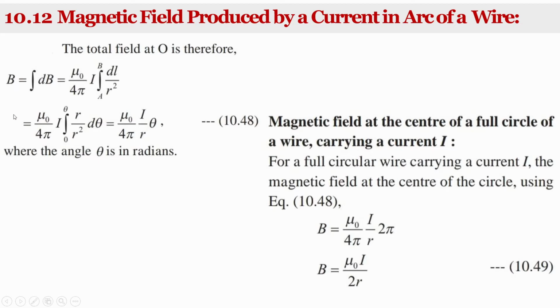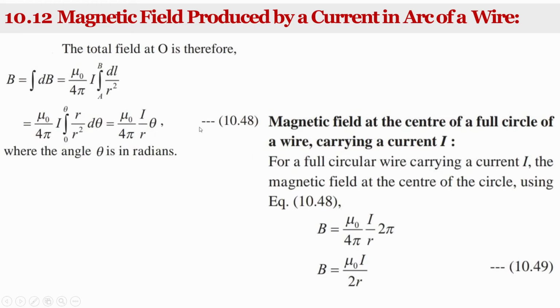But we can find the magnetic field at the center due to the full circle of wire. If we consider a full circular wire carrying current I, then using that equation we can write mu naught upon 4 pi, I upon r, and theta is equal to 2 pi, because for a full circle the angular distance theta is 2 pi.